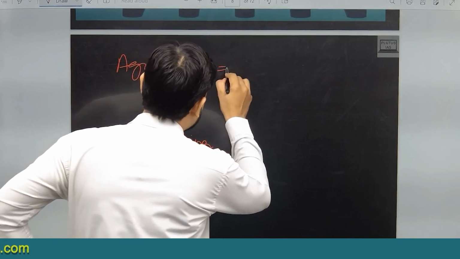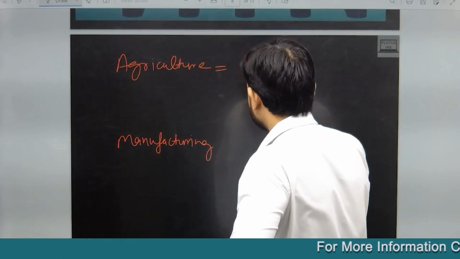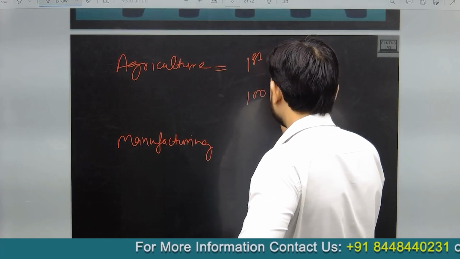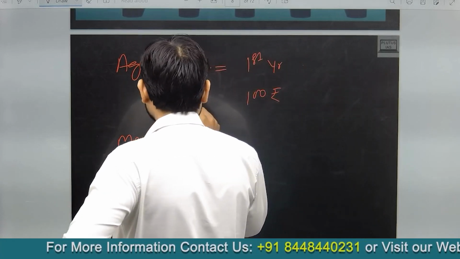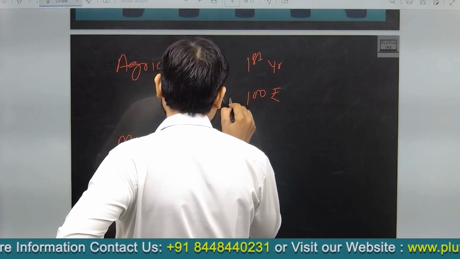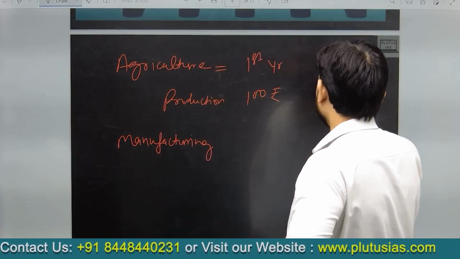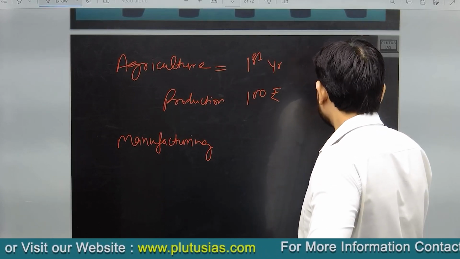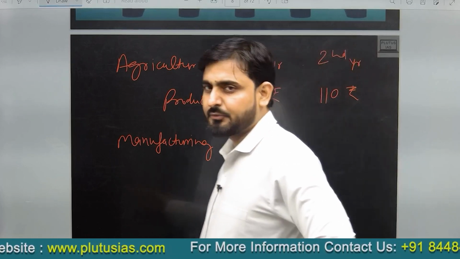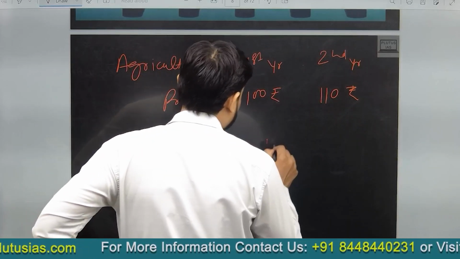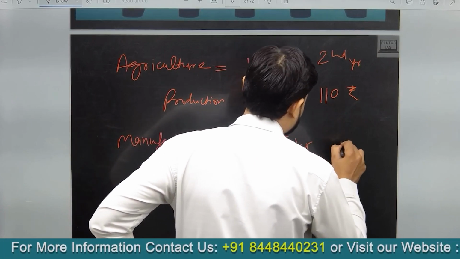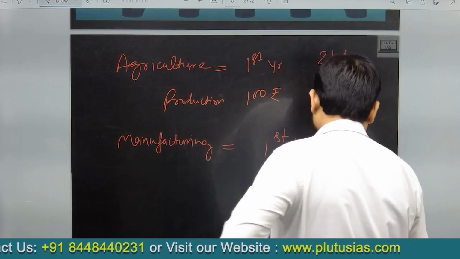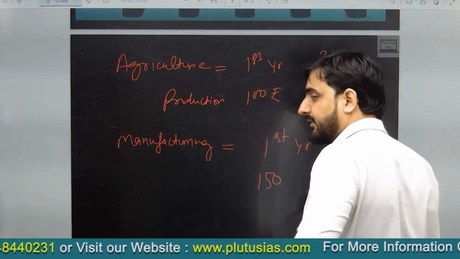In agriculture sector, suppose for the first year production is just 100 rupees. Second year production is 110 rupees. Manufacturing sector, first year production is 150 rupees, second year production is 160 rupees.